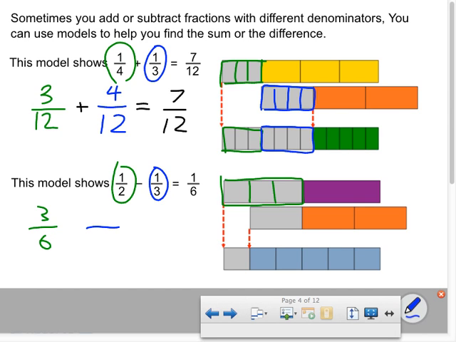Well, I need to rewrite that so it's got a 6 in the bottom. What's my numerator going to be so that it's equivalent to 1/3? It's going to be 2. So I got 2/6, okay? And the difference of these two is going to be 1/6.